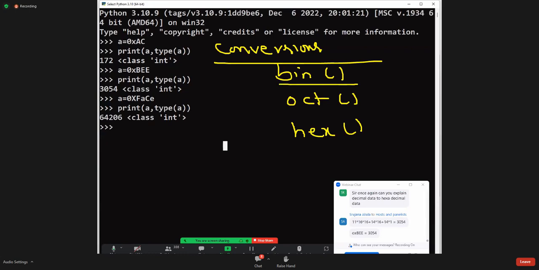Binary conversion, octal conversion, hexa. Why is dec not there? It is the default number system, and every number system is automatically converted to decimal, because the default number system is decimal only. That's why that function they did not give.